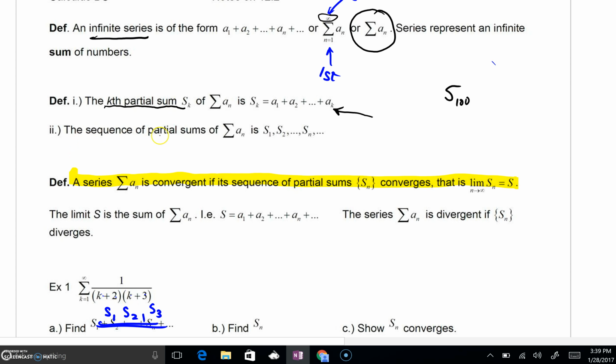But the sequence of partial sums is what we get if we look at what happens when we add up our first term, add up our second term, add up our nth term.